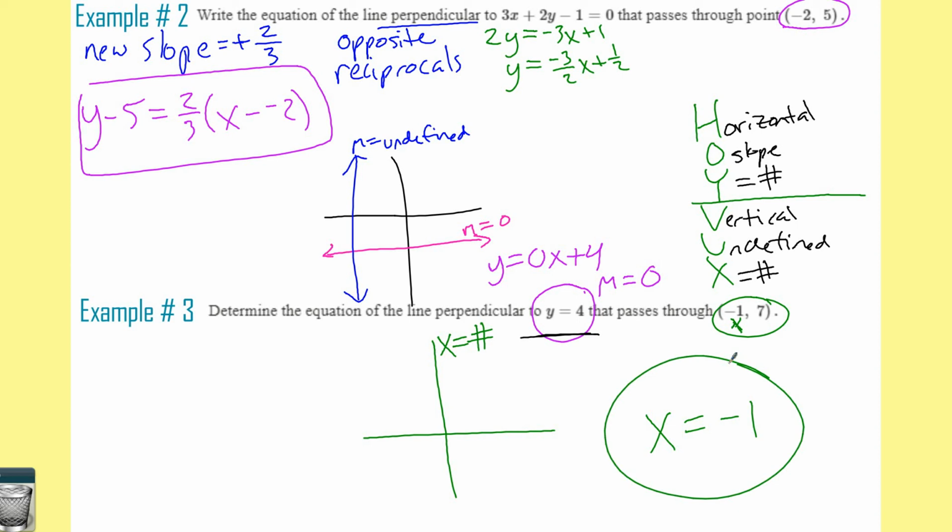The horizontal and vertical lines are perpendicular. So if I don't want the y equals 4, then I need the x equals, the opposite, the perpendicular.